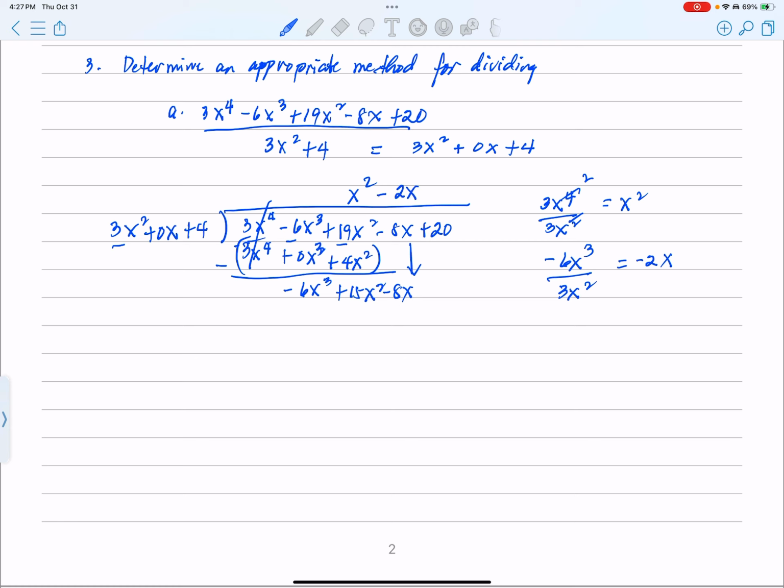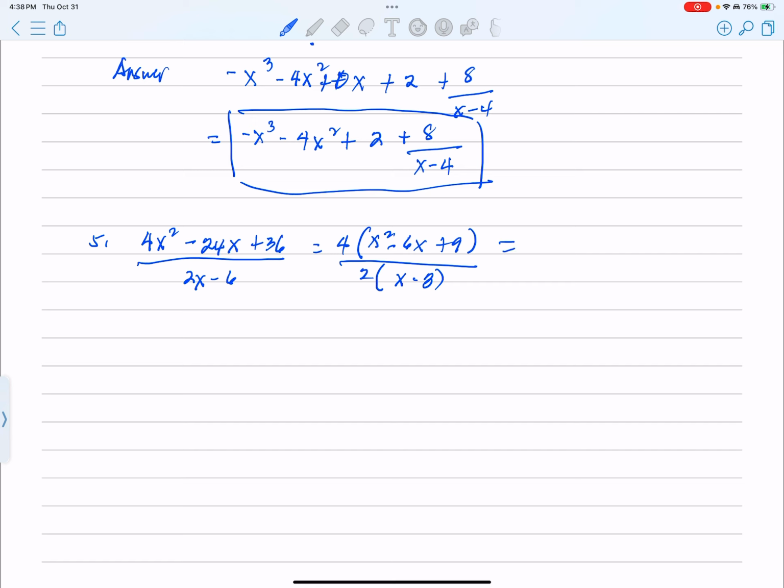In our denominator, we could factor out by 2, then x minus 3. If we can see something that can be factored out, can be simplified, do it. Before doing the long division, try to do that.